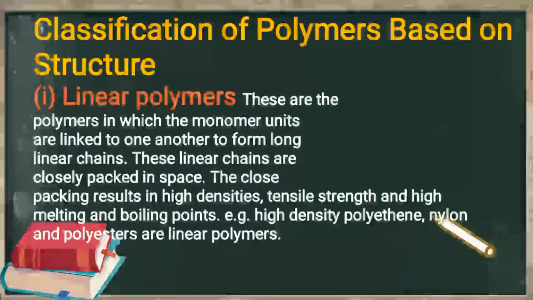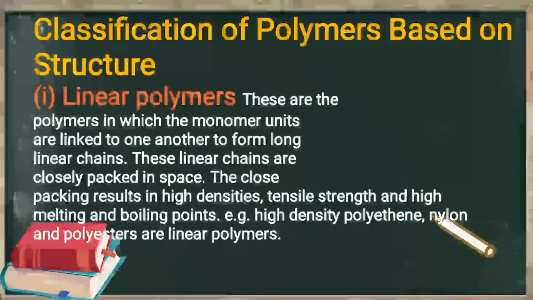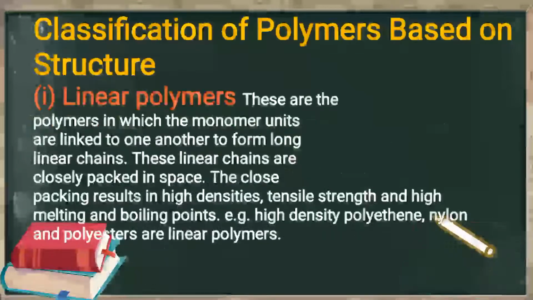As they become closely packed, the molecule becomes highly dense, so its melting and boiling point also increase, and its tensile strength also increases. So they have high densities, high melting and boiling points, and high tensile strength. For example, high density polyethylene, nylon 66, and polyesters are linear polymers.